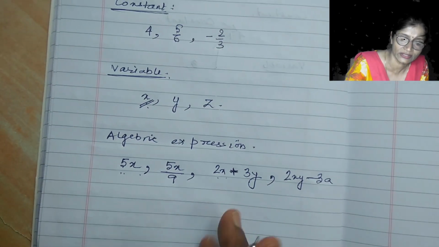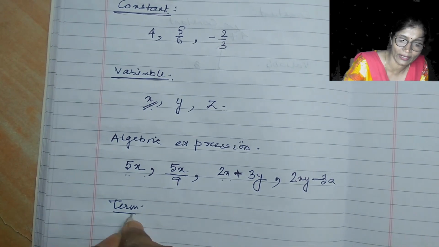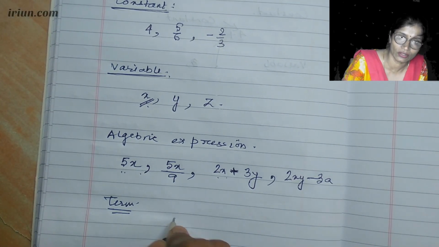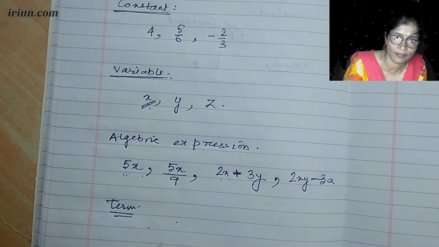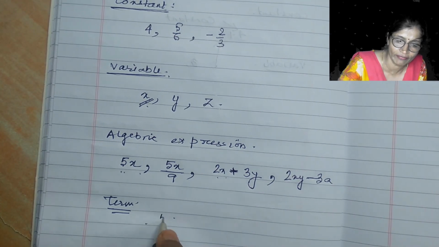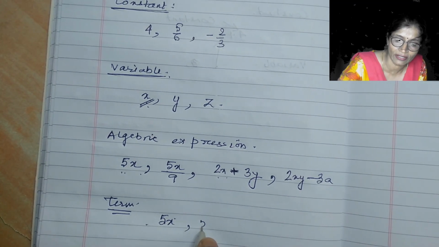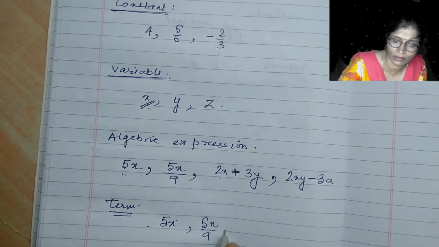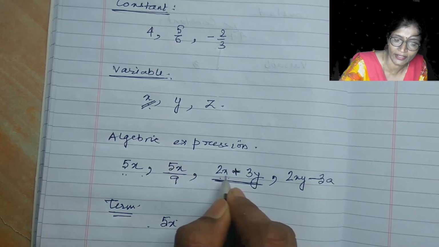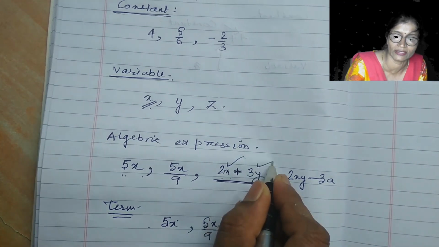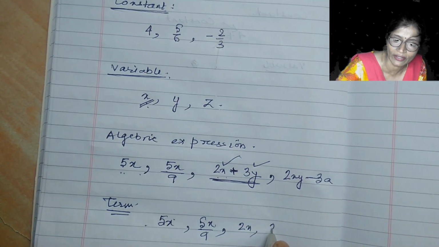Now next is the term. A term is where a variable and a constant will be there, but no plus or minus will be there. Like 5x, this is one term. 5x divided by 9 is another term. But in 2x plus 3y, this is an expression and it has two terms: 2x is one term, then 3y is another term.